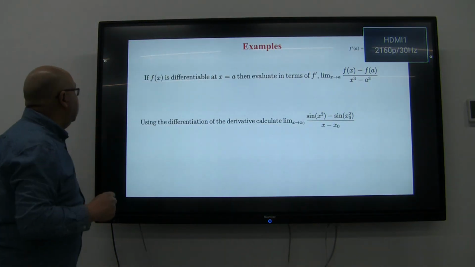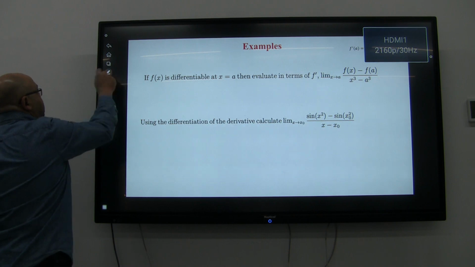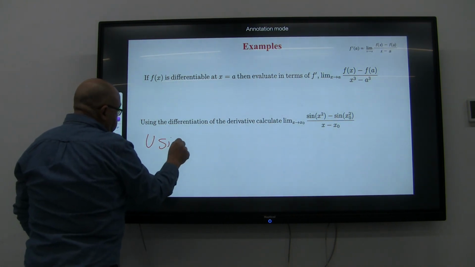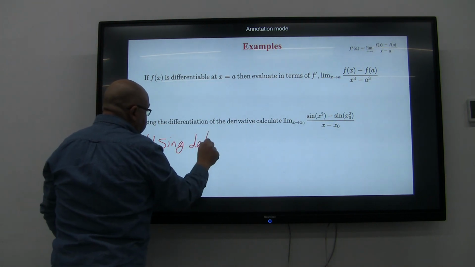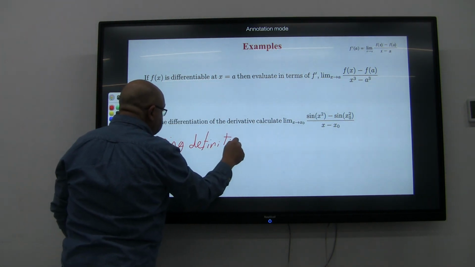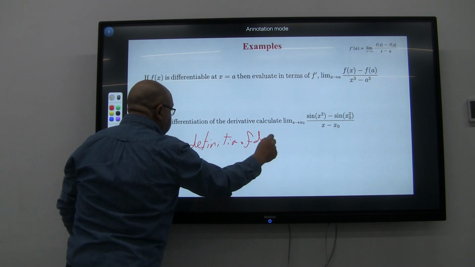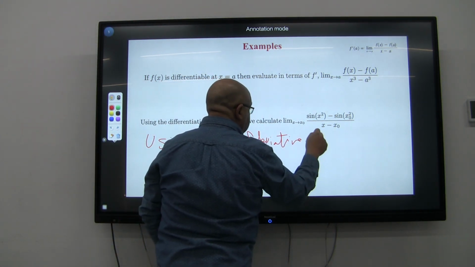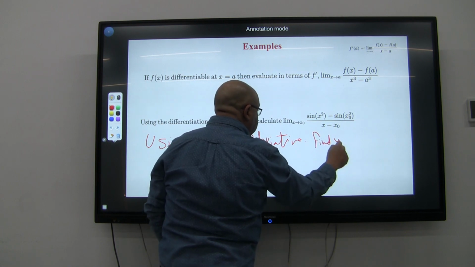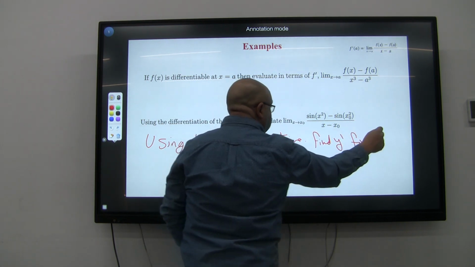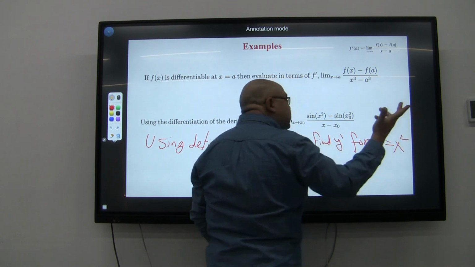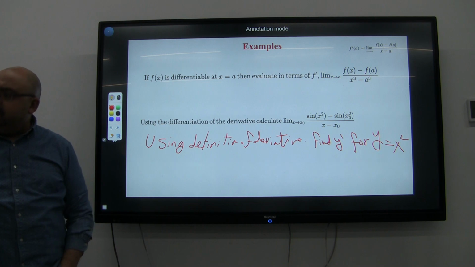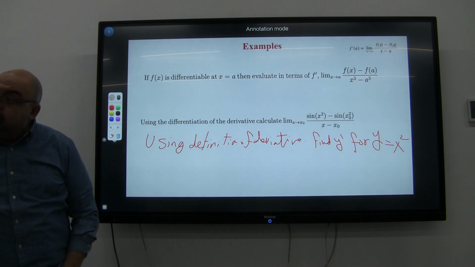Okay, one of the questions you may see looks like this. For example, here: asking you using the definition, try to find y dash of y equals x squared.